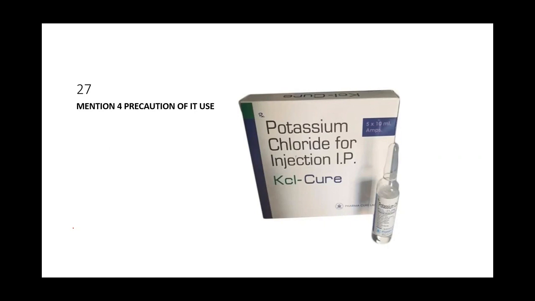The rate of infusion should not be more than 20 millimoles in 1 hour or 40 millimoles in. And having calcium gluconate, for example. No, we said the rate of infusion should not be more than 120 millimoles per day, or 40 millimoles in 1 liter, or 20 millimoles in 500 ml of saline, or 20 millimoles per hour.